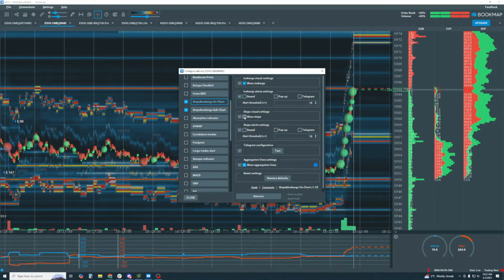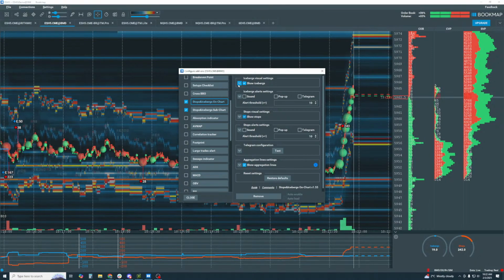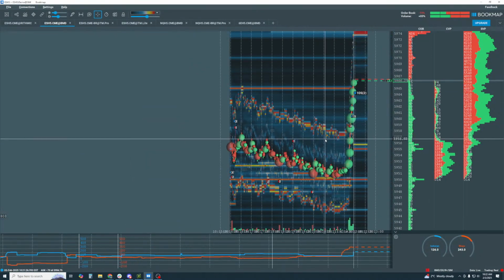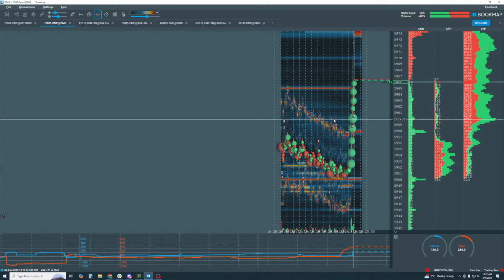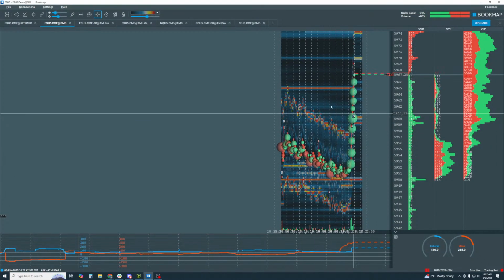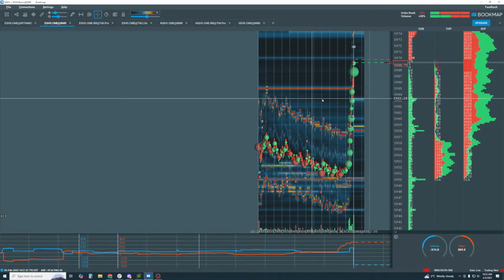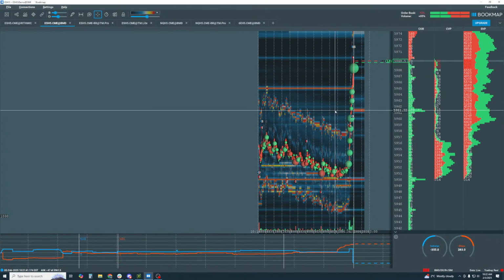Turn on stops and icebergs. This is a beauty. This is so typical. Wow, it's a really strong squeeze here. Exponential.